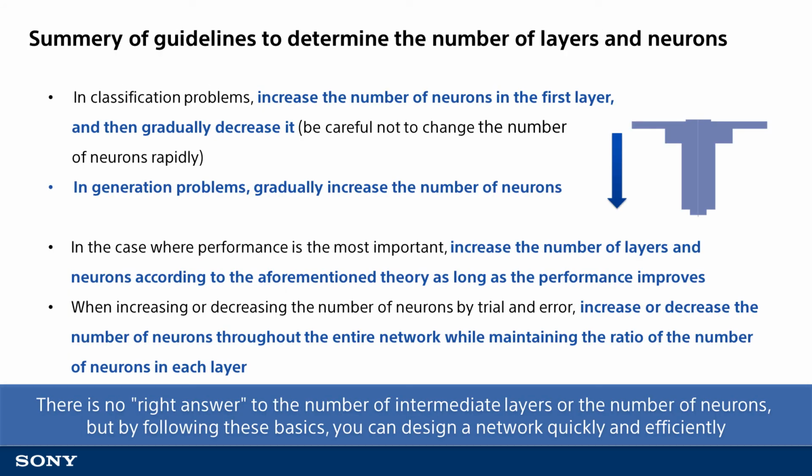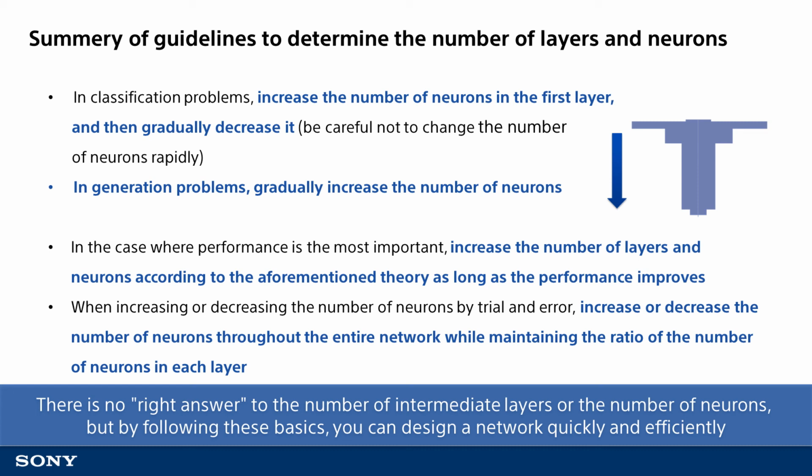I will now summarize the guidelines for determining the number of layers and neurons. As for the classification problem, you increase the number of neurons in the first layer and then gradually decrease it. Keep in mind that you need to double the number of images when you have cut image resolution in half vertically and horizontally to prevent rapid changing of the number of neurons.